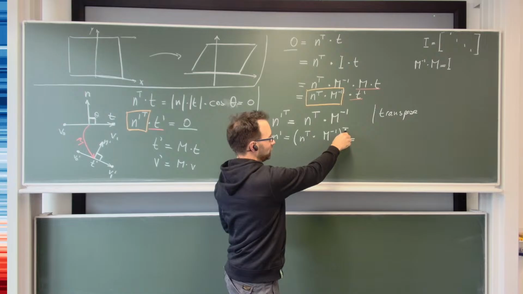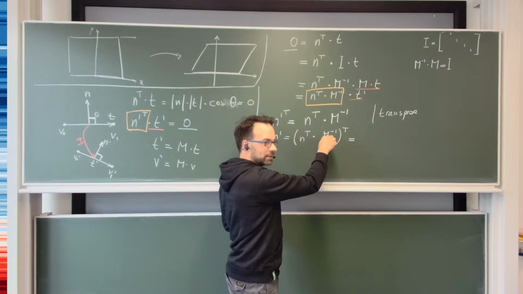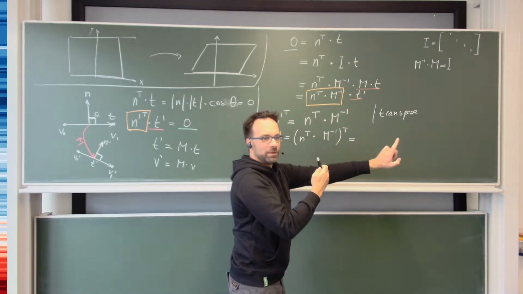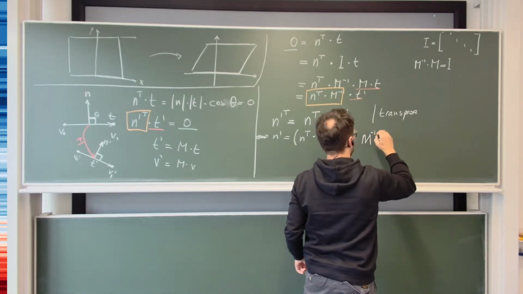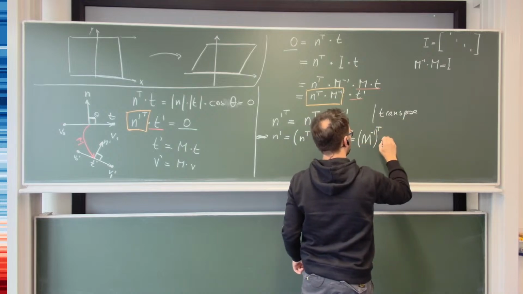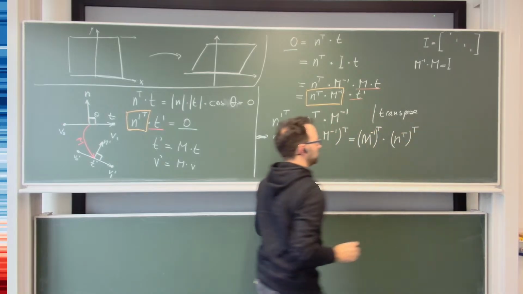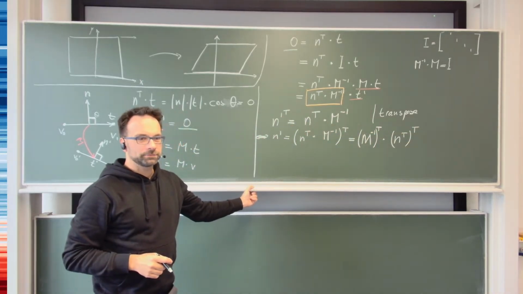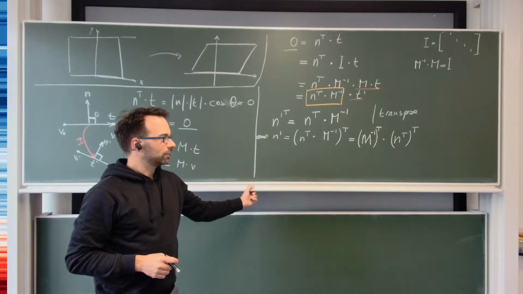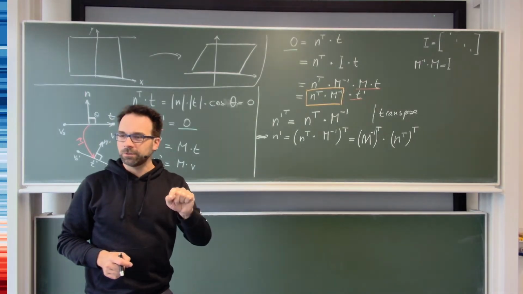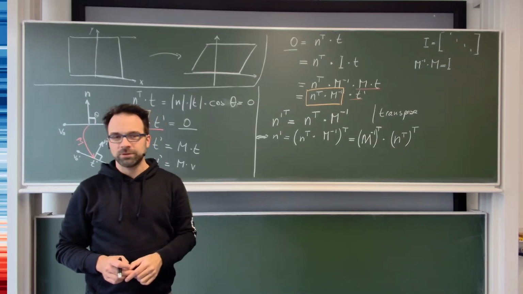So the transpose operation applies to this one and to this one, and you need to flip the order in the product. So this is M inverse transposed times N transposed again. And what is the transposed version of a transposed vector or matrix?